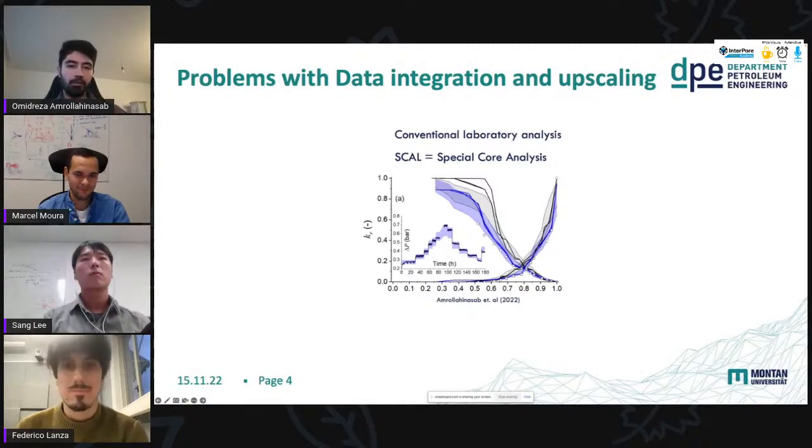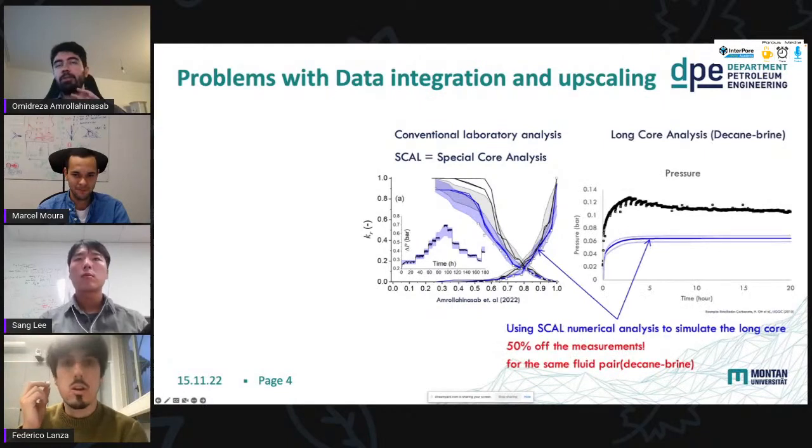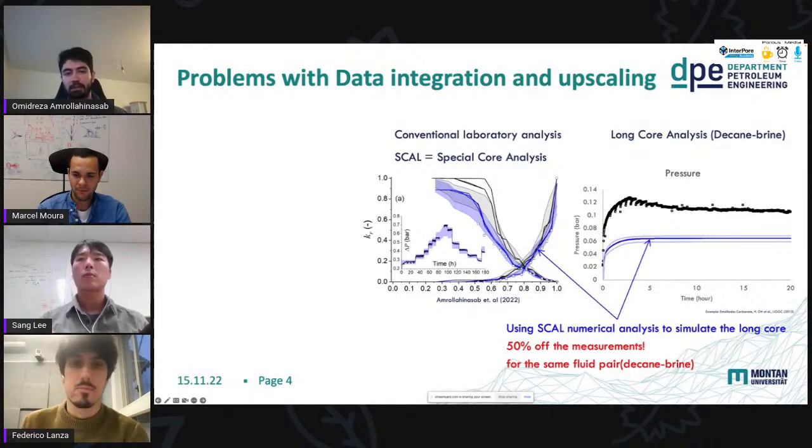We will move through how we came up with this calculation later, but the point I want to emphasize here is that if we use the same set of calculations that we have from SCAL and try to predict the measurements that we have from the long core, we see that there is a large gap between the predictions and the experimental measurements, about 50%, even though we are using the same fluid pair and the same rock type.